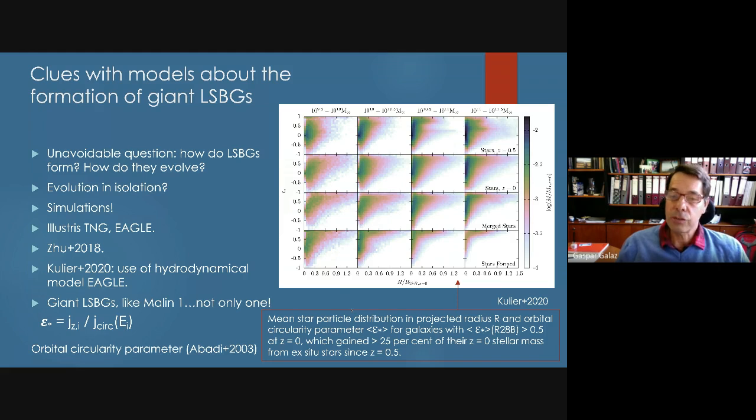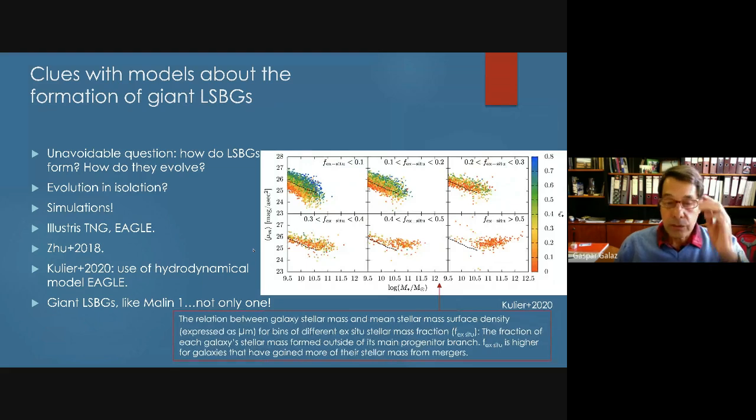So what Andrea showed is that many LSBs, in particular giant LSBs, are formed by many more merging episodes than normal galaxies. And this is very interesting from this model. I don't know what happened with Illustris, but perhaps it's not very different from that. Okay, there are other relations.